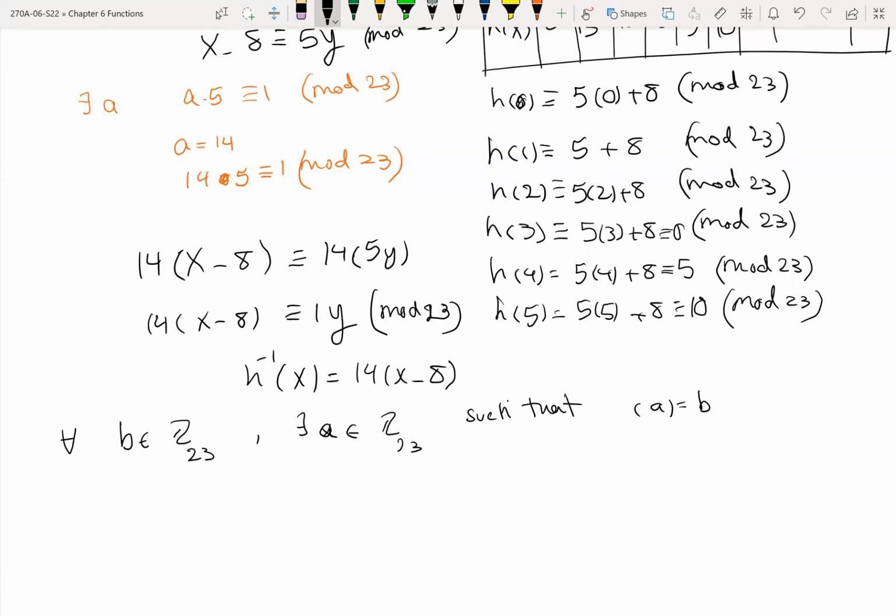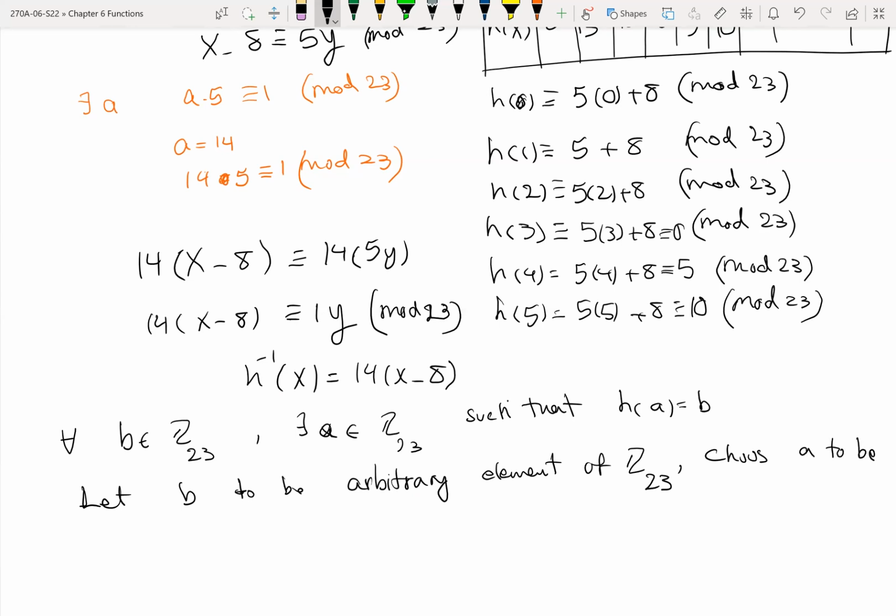So then, according to that scratch board, let b be an arbitrary element of Z sub 23. Choose a to be 14 times b minus 8.